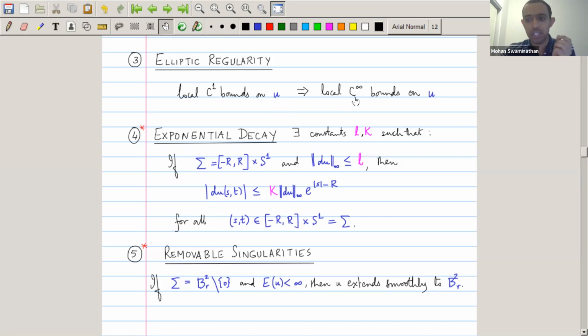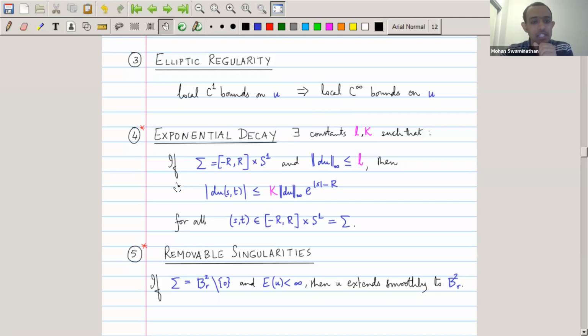It is just a consequence of the Cauchy integral formula, which lets me write higher derivatives of u in terms of certain integral expressions in u. So if I have bounds on the first derivative of u, I can use that to get bounds on the higher derivatives as well. In this case, the proof is a little more complicated because the Cauchy-Riemann equation we are looking at is slightly more nonlinear, but the spirit is the same.